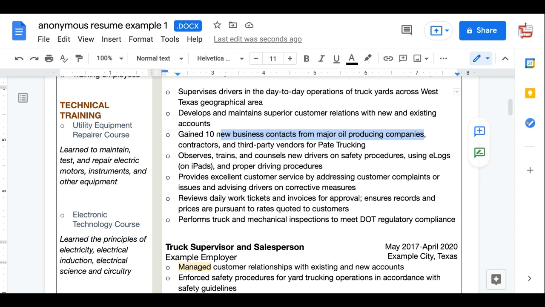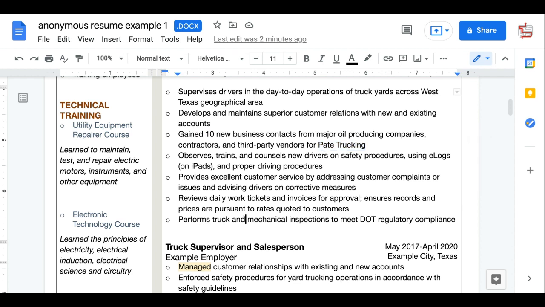This is the content that was from the job ad. And I included this quantitative piece so the reader will know the amount of experience and success this person had with getting new business contacts for the trucking company that they were currently working for.